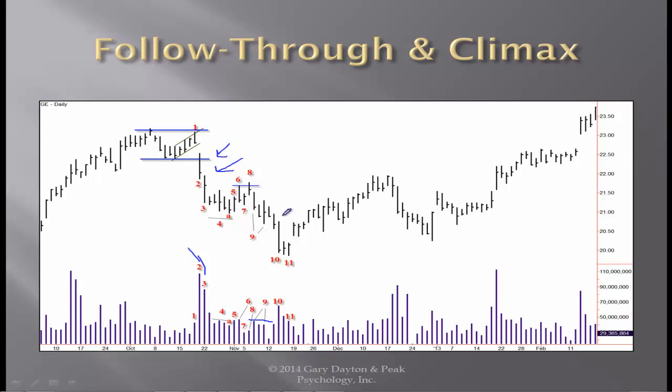Now, what happens on bar 10? We have another widespread down bar on high volume again, right? What could that be? Anybody have a sense of what that might be? Climax, yeah, good, Scott. Absolutely.